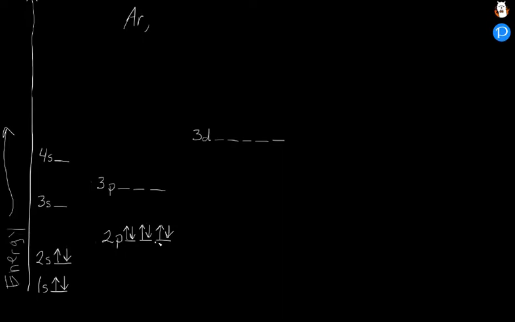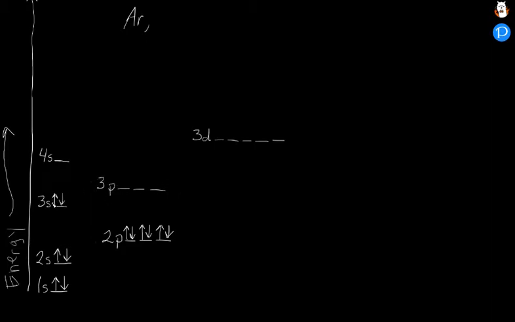I'm out of space in the 2p orbitals, so now I have to jump up to the 3s. That's the next highest energy level. So that was 10, 11, 12. Then I go to the next highest energy level, which would be the 3p orbitals.